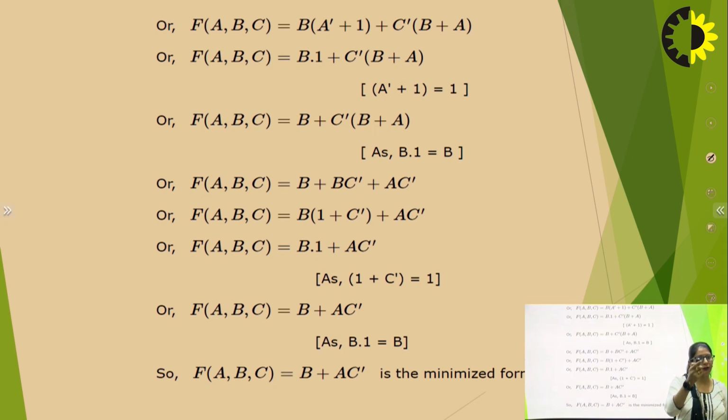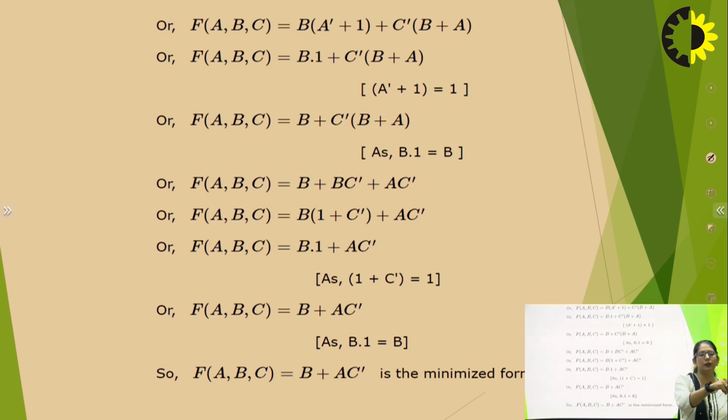Now the previous last one, we will simply write as it is. Now if we open this, because c bar is distributed over b plus a, if we simplify this, it is b c bar plus a c bar. Now again, if I take b as common, the inner term will have 1 plus c bar, and we know with the unit property 1 plus c bar is 1 here, right? So the outcome of this expression when we minimize it is b plus a c bar.